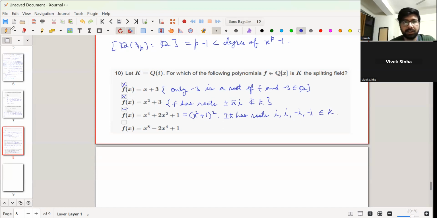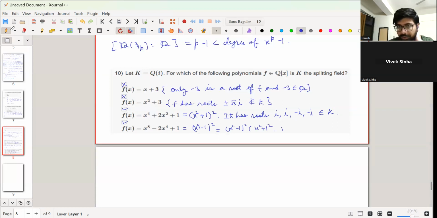And what about x^8 minus 2x^4 plus 1? This is also correct, because this is nothing but (x^4 minus 1) whole square, which is (x square minus 1) square times (x square plus 1) square.